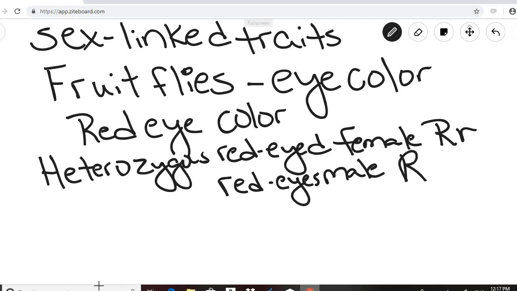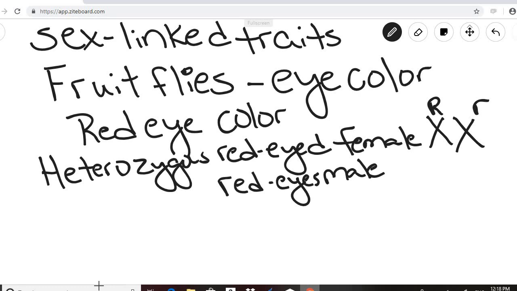So this male would just have a single R. And the way we write these to designate that it's a sex-linked trait is that we write it like this. So for the heterozygous female, the female has two X chromosomes, right? And since she's heterozygous, one of those would be a capital R and the other would be a lowercase r.